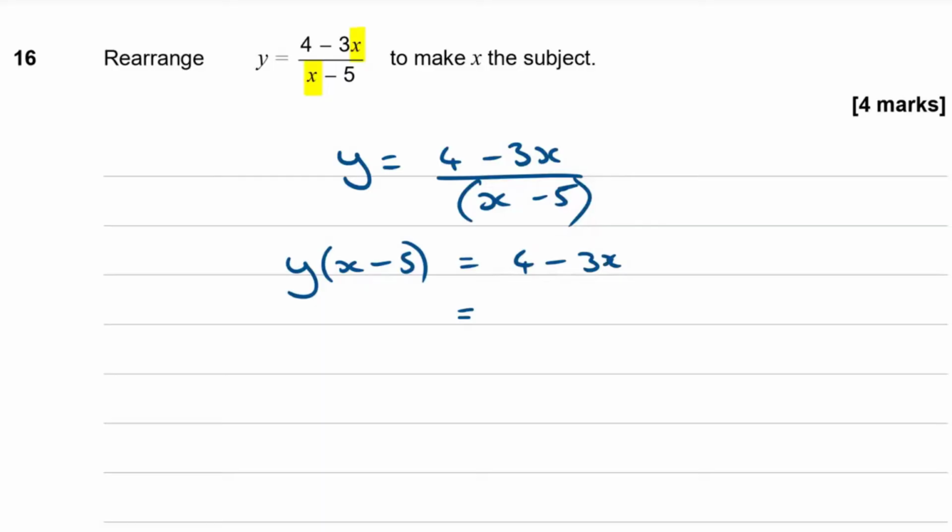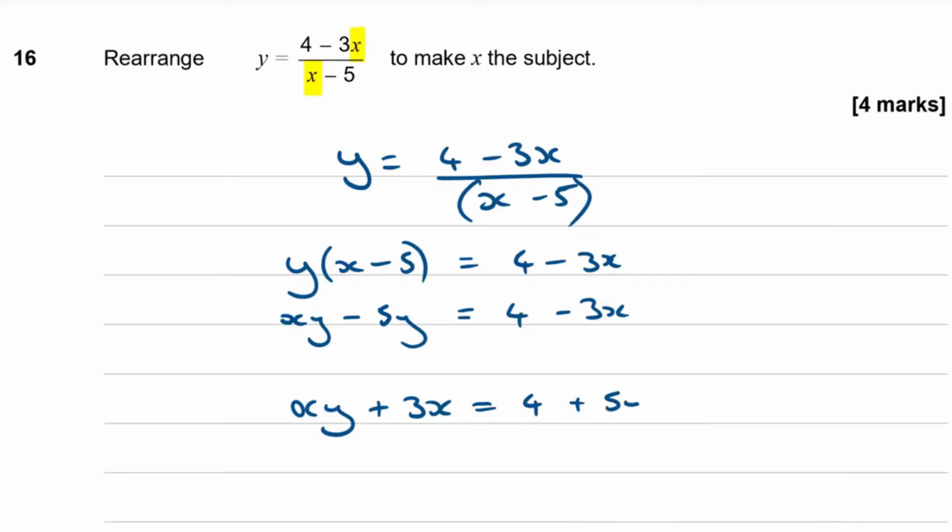Okay, removing the brackets, I get xy minus 5y equals 4 minus 3x. Collecting all the terms to do with x on the left and everything else on the right, I'm going to get xy plus 3x equals 4 plus 5y. Okay, then I can factorize x out of my 2 terms.